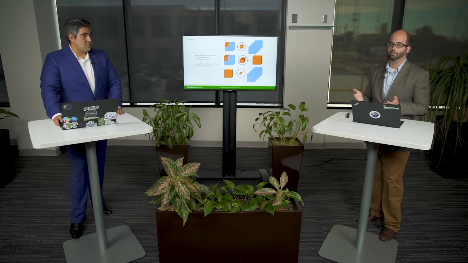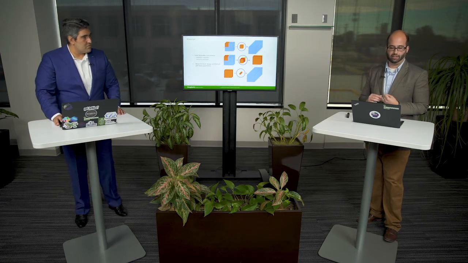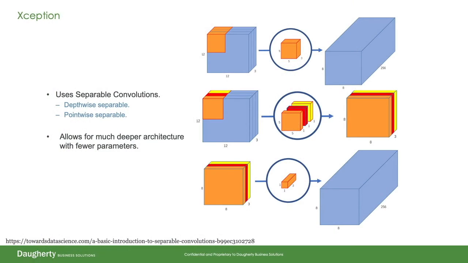So let's try reducing that. The idea is to use a depth-wise separable convolution and a point-wise separable convolution. The depth-wise takes the 12 by 12 by 3, and instead it applies three 5 by 5 by 1s. What that does is now we're only working on the spatial dimension, since each of the channel dimensions gets its own convolution. That leaves us with an 8 by 8 by 3.